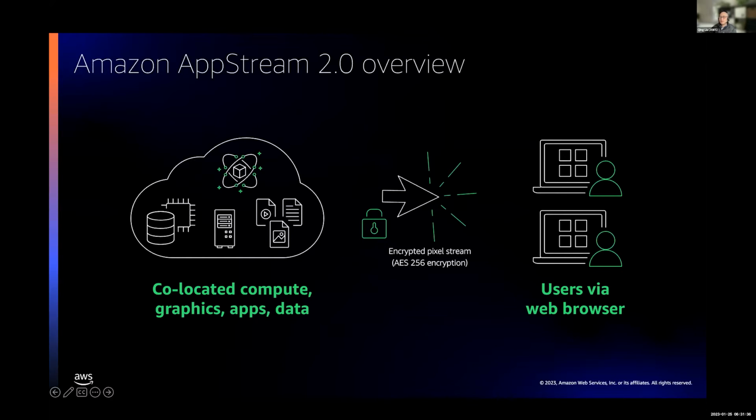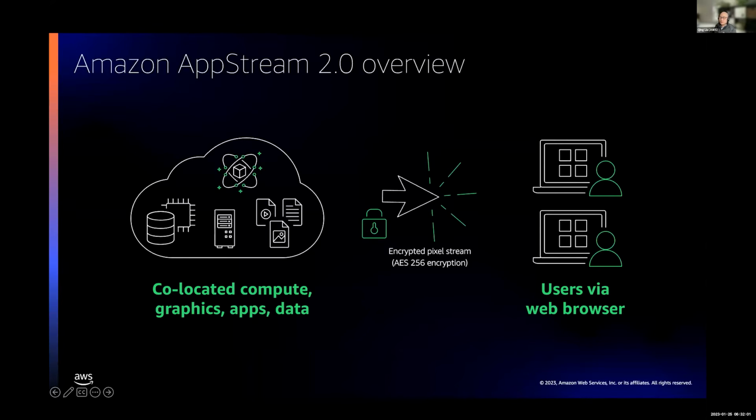First, let's take a look at the AWS service that has been used to support this workshop. It's called Amazon AppStream 2.0. This is an AWS service that enables you to remotely log into a server running in the cloud. From the end user perspective, no software is required to be installed on your computer.